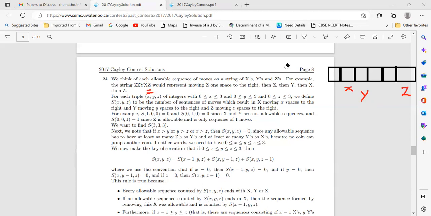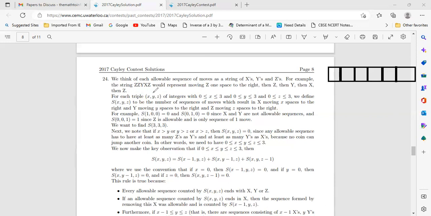There might be other possible strings as well. We don't have to look precisely at this one. It can be like XY space Z also. It can be XYZ also. It doesn't have to be always this one.